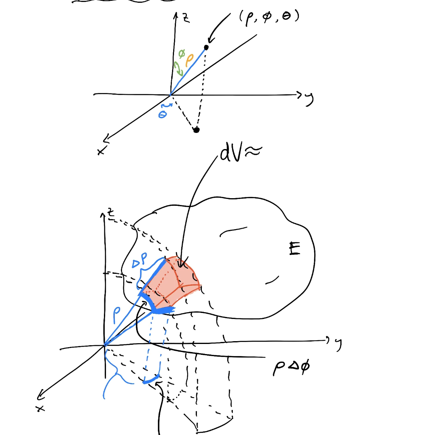So you're imagining this theta changing by some delta theta. And so this distance has to do with how far you are from the origin, flat in the xy plane, and that tiny change in theta.